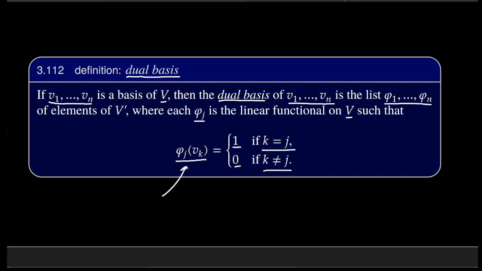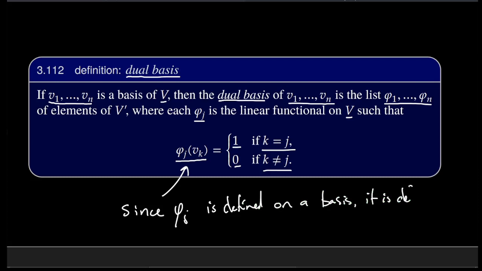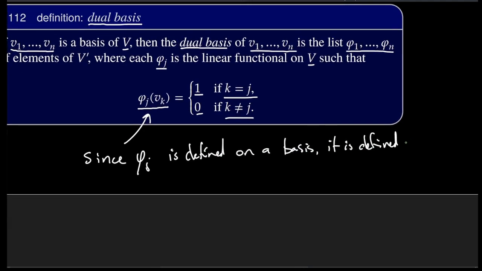Notice, since phi j is defined on a basis, it is defined everywhere, by linearity.